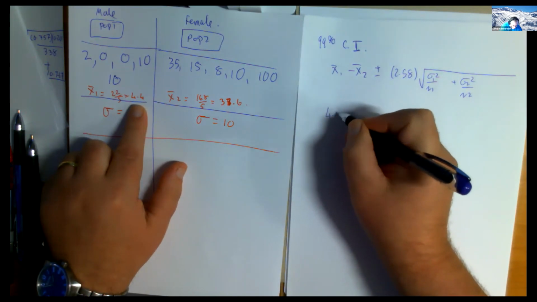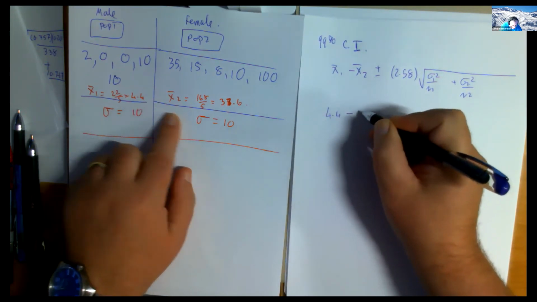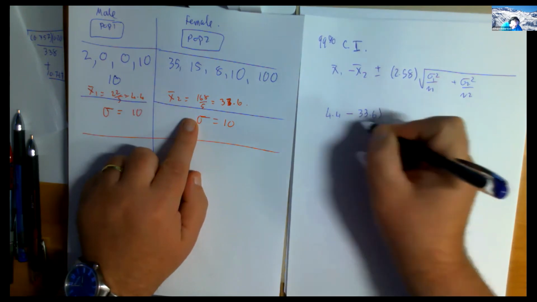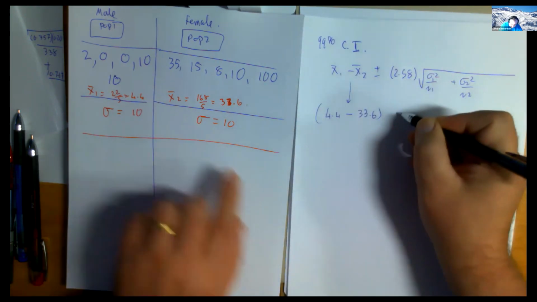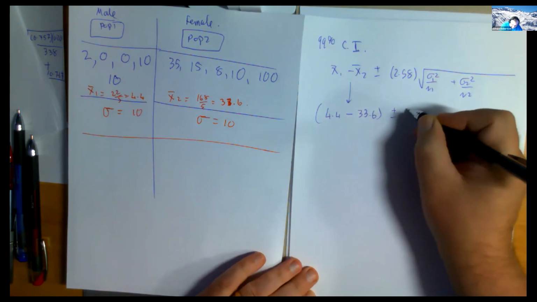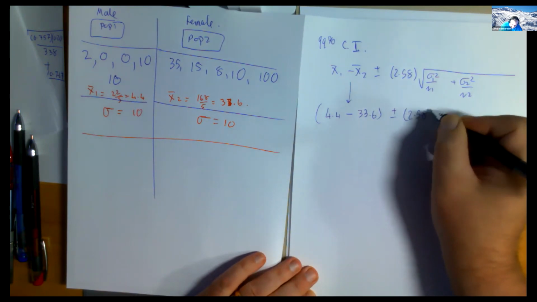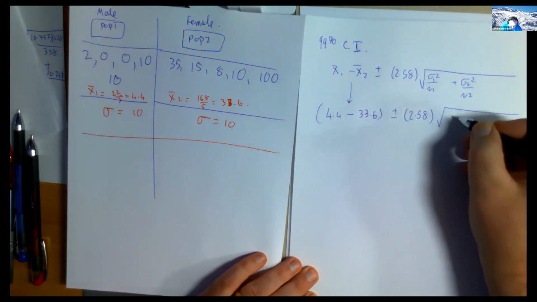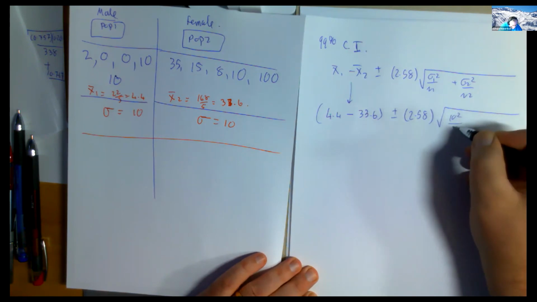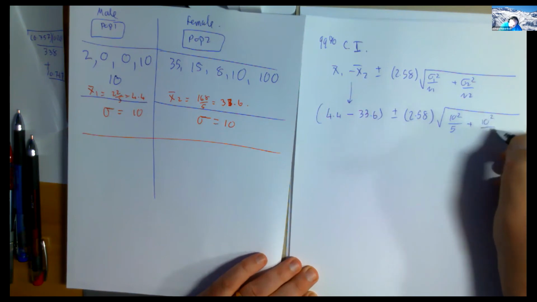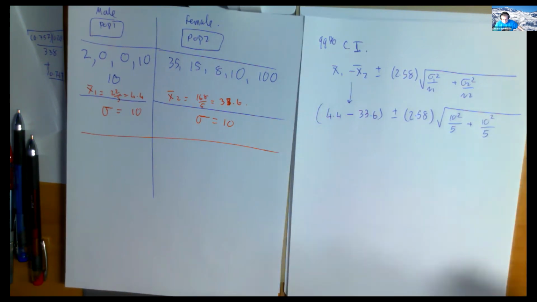This guy here is 4.4, take away 33.6, that's that bit. Plus or minus 2.58, times the square root of 10 squared over 5 plus another different 10 squared over 5.